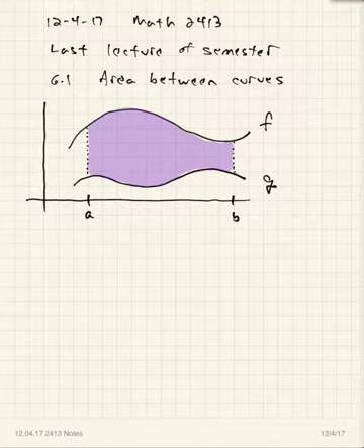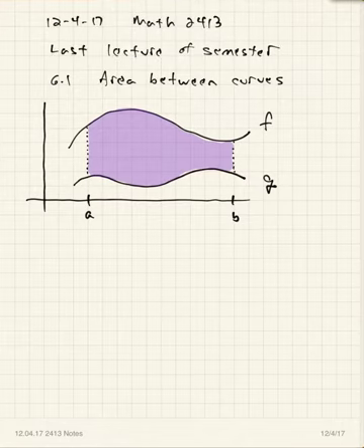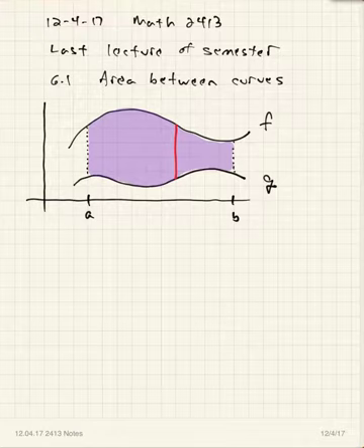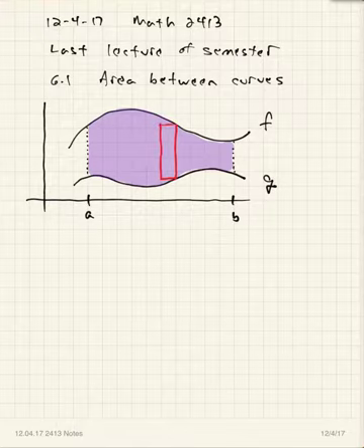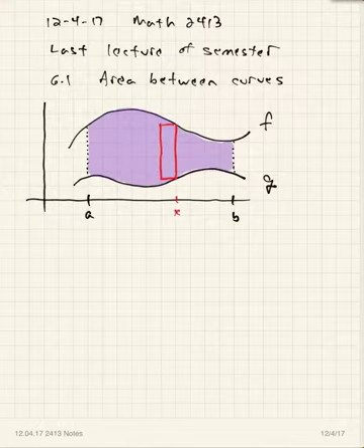So what I recommend for my students is to identify a typical approximating rectangle, and we're just going to talk about the left edge, because that's the way we did it in class. The left edge of this rectangle is determined by these two functions. And so let's say that this left edge is at the x value x sub i.